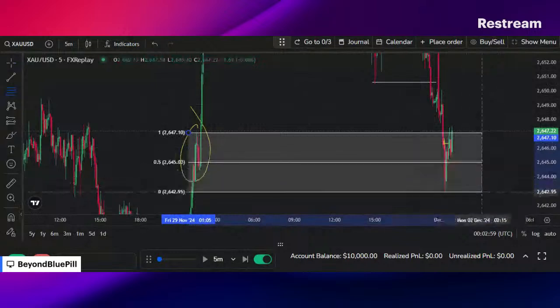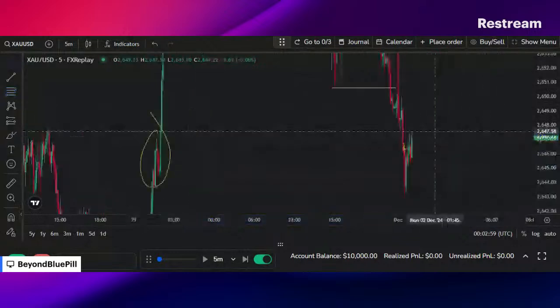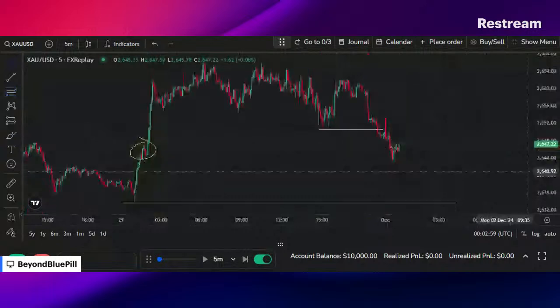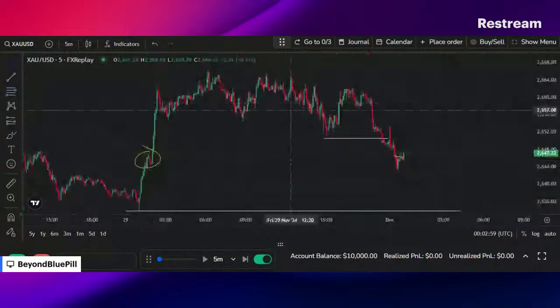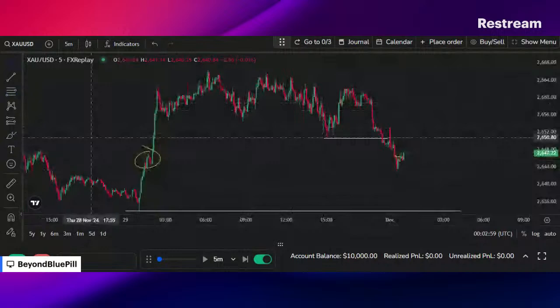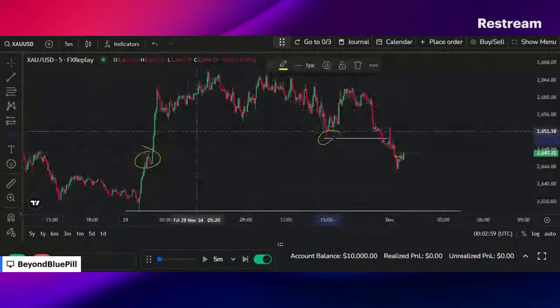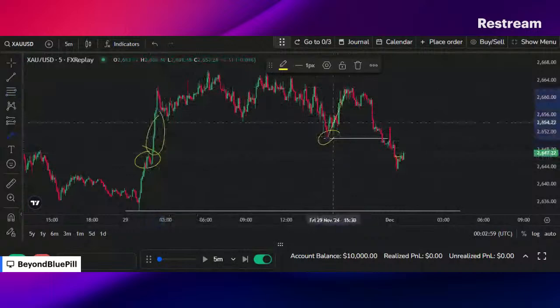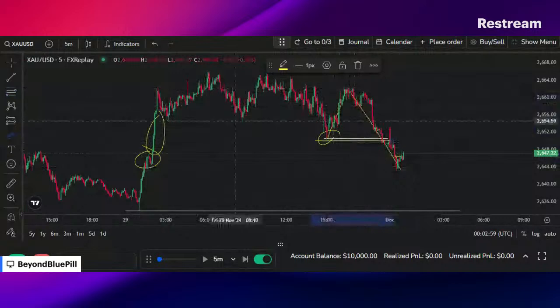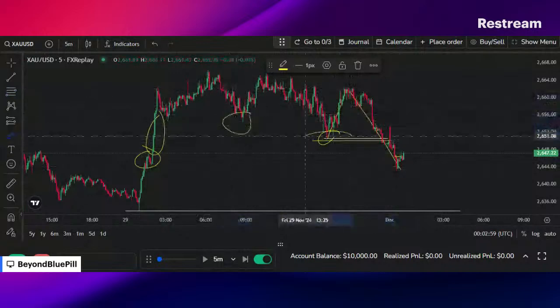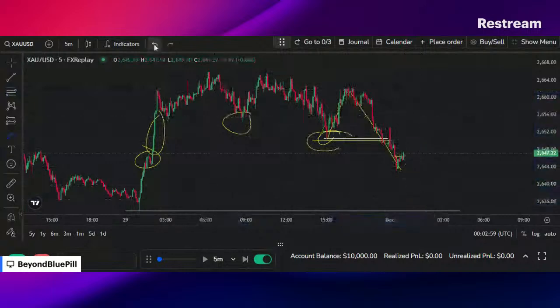Reason being, we had this change in order flow here. This is imbalance. Price failed to deliver a high off of that, so it's counting it as a failure. And if you see this double bottom fail, so this is a move down. I'm also leaning on the short side.